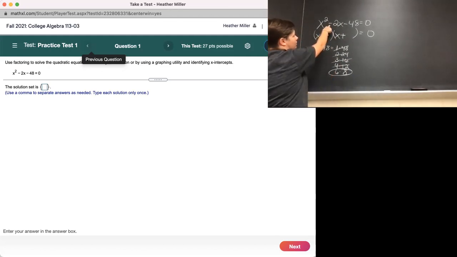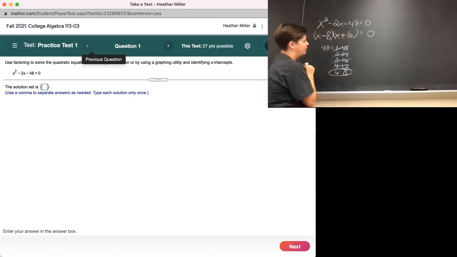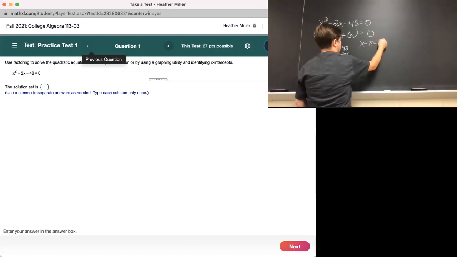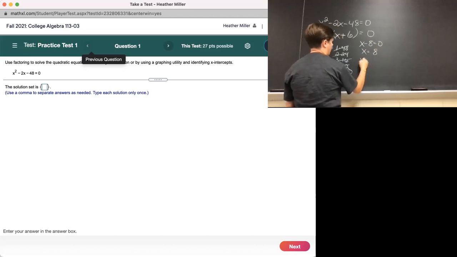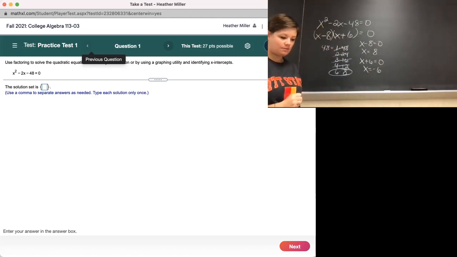So then I look here. Is that a positive or a negative? It's a negative, so that tells me that I need to have more negatives than I do positives. So then I have x minus 8 equals 0, so x equals a positive 8. I also have x plus 6 equals 0, so x equals a negative 6.